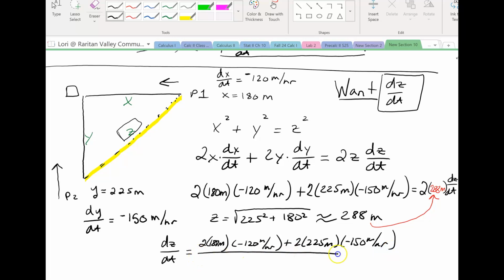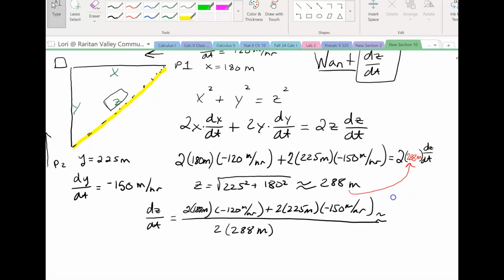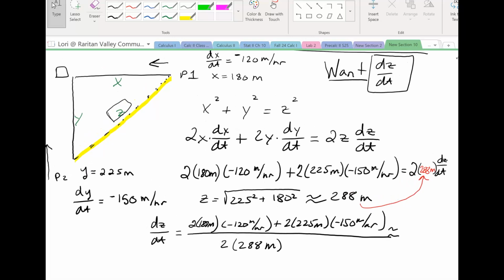And then ultimately I would have to divide by 2 times 288M.